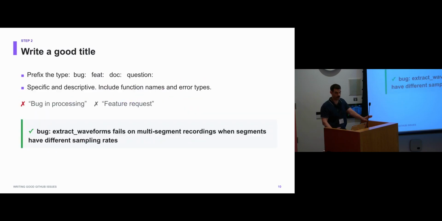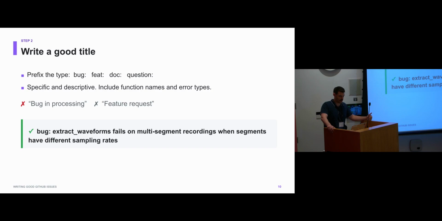Okay, so finally getting into how to actually create this issue. The first step of creating a good issue is a good title. It is helpful to have a prefix like bug or feat, short for feature, or doc or question, just to orient exactly what you're looking for here.